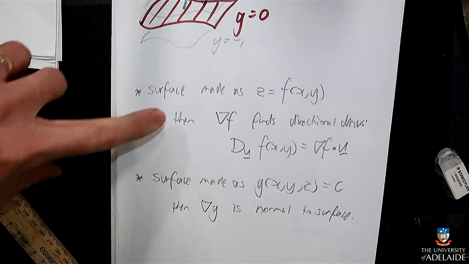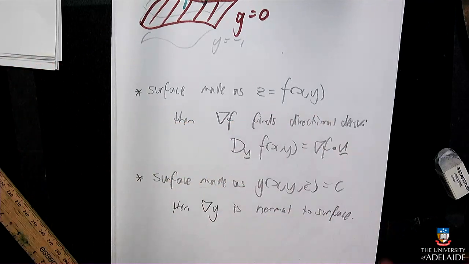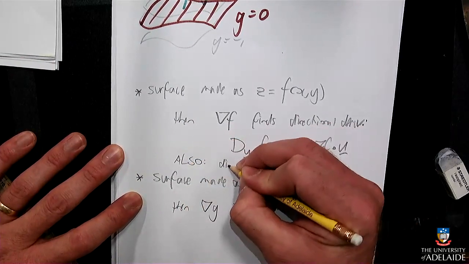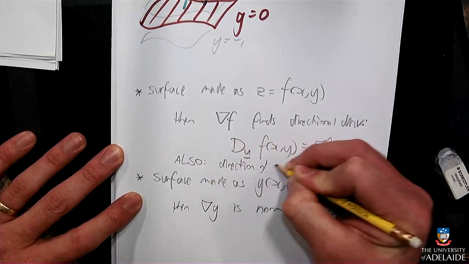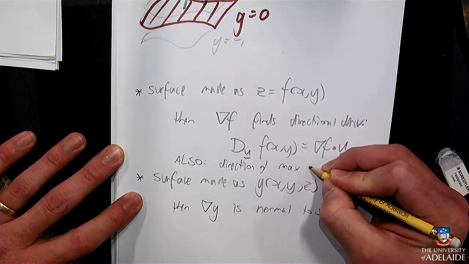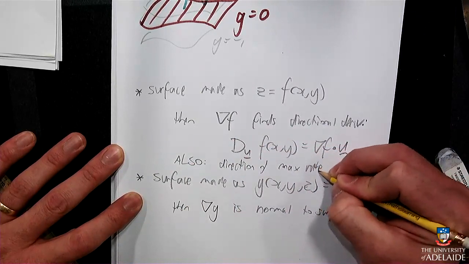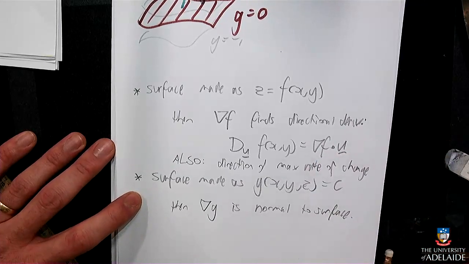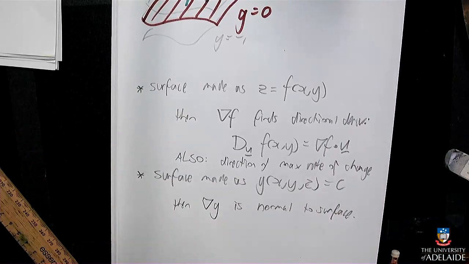And actually back here, it doesn't just find the directional derivative, it finds the direction in which the directional derivative is the maximum. Also, the direction of the maximum rate of change.